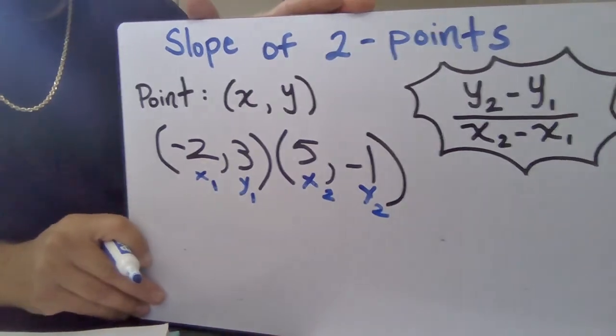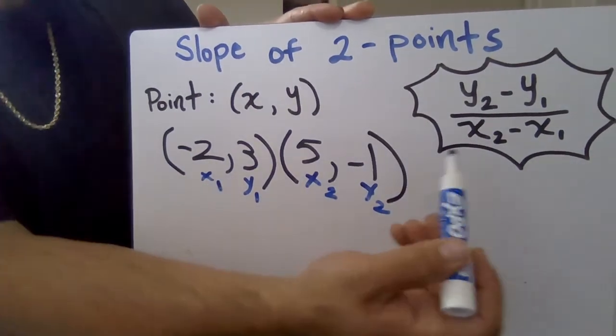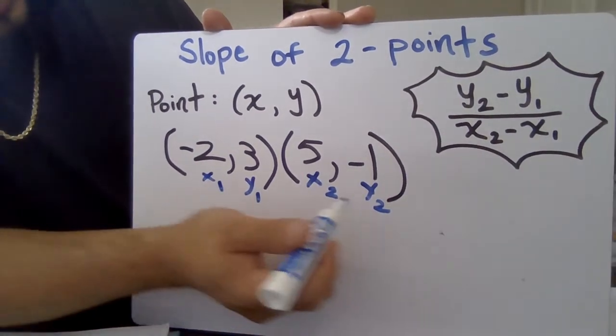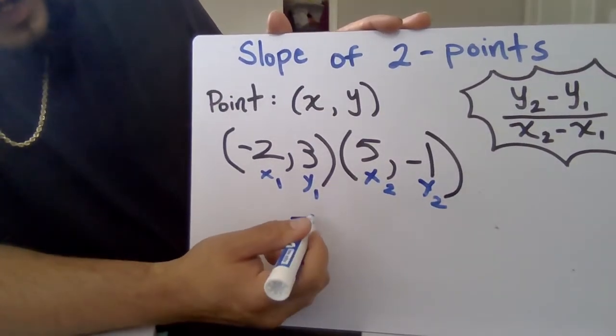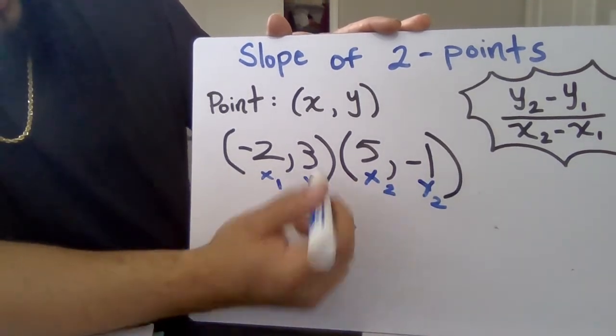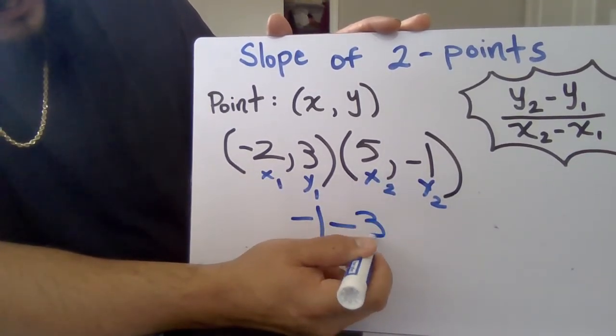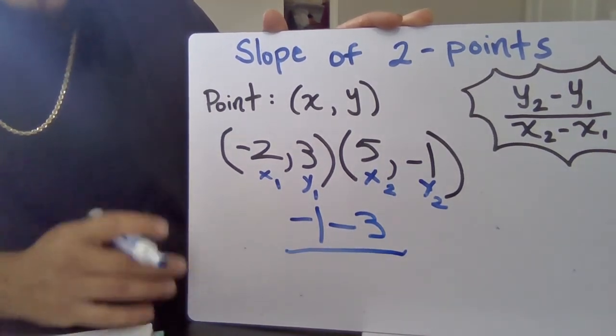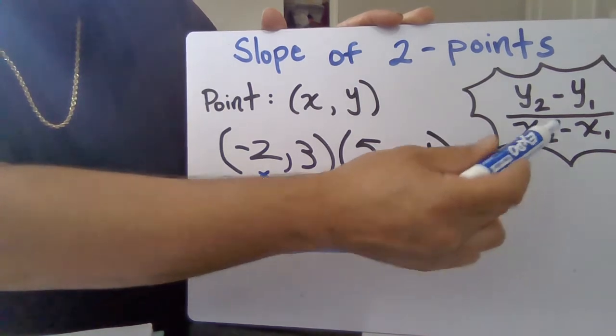So now, according to the formula, I just got to plug it in. I'm going to subtract the second y minus the first y. So -1 is my second y, minus 3 is my first y. And then in the bottom, I subtract the second x minus the first x.